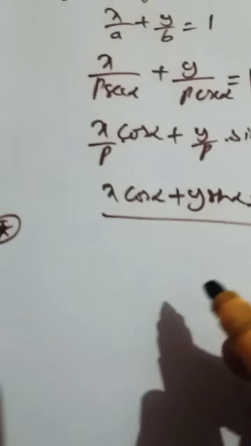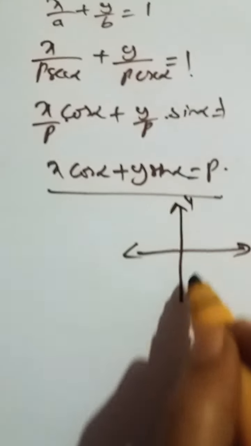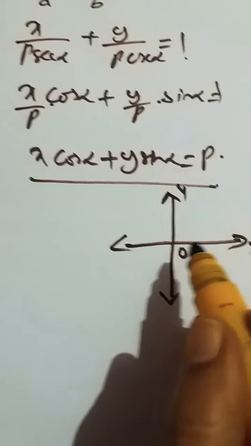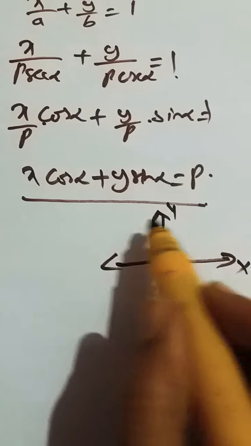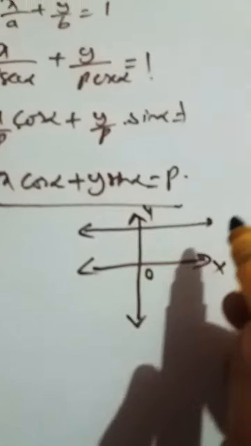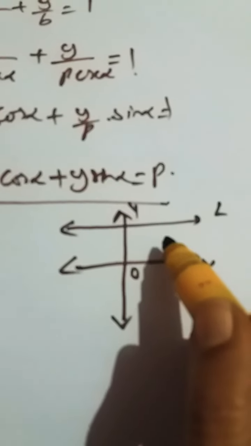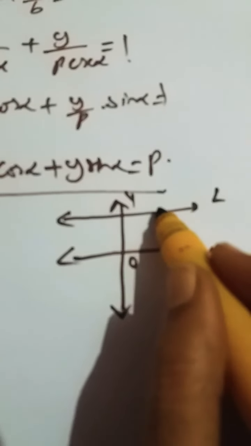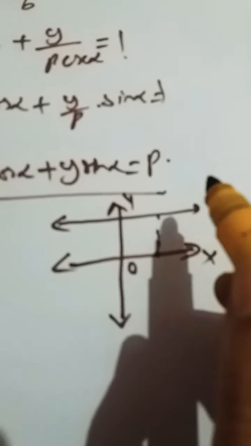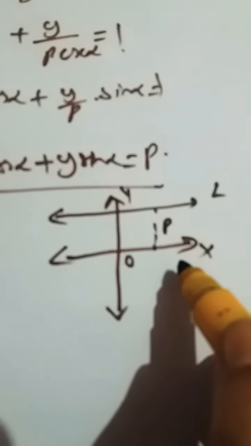Now the next case is if the line does not meet one of the axes, x-axis and y-axis meet at the origin O. If the line meets only the y-axis, then let us draw our line L meeting only the y-axis. Now draw the perpendicular segment P on the x-axis.